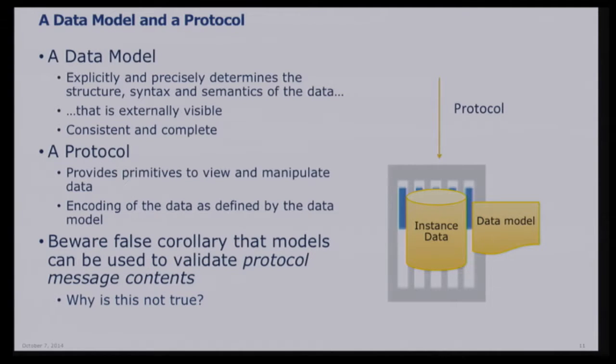Now, one false corollary that I come across quite a bit is that it is not necessarily true that you can use the models to validate protocol message content. So things that come flying over to the device in PDUs, right? Let me take an example. It might be the case that a particular device only supports a list of, let's say, 10 security rules, right?